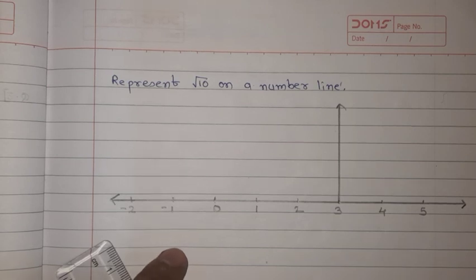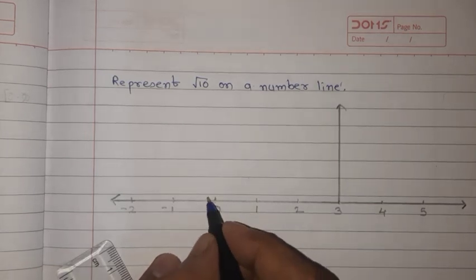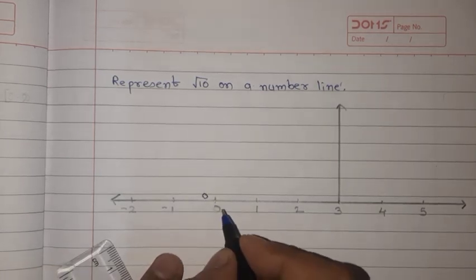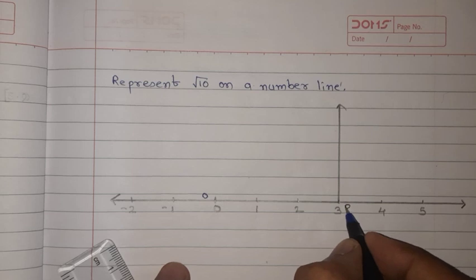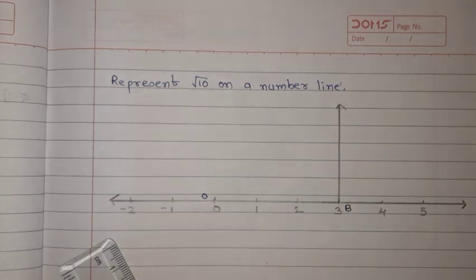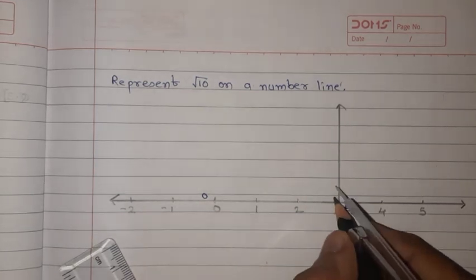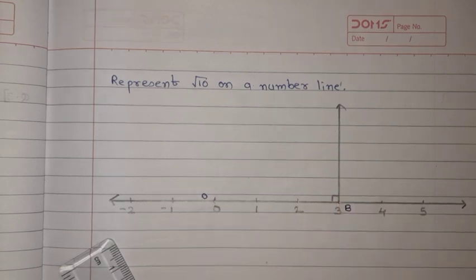Dear students, now see here, it is origin O, this is 3 and we write it as point B. Here we have to mark 90 degrees because point B is at 90 degrees.